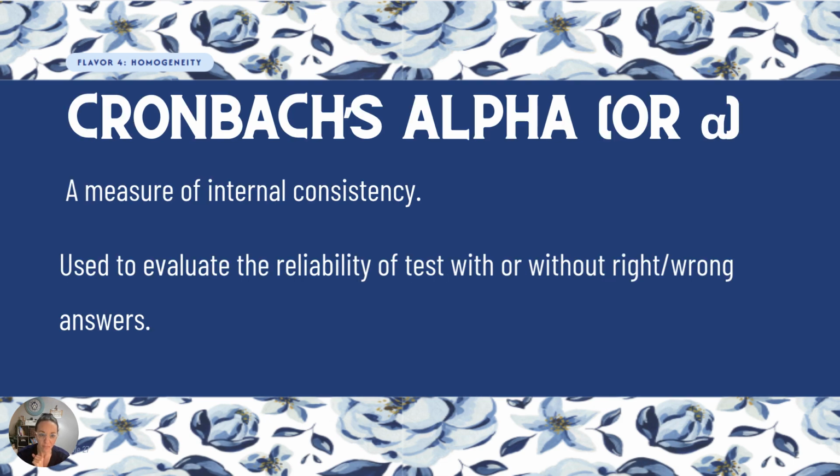Okay. All right. Don't let me lose you here. Cronbach's alpha, or that should be the alpha symbol there, is all it's doing is measuring the internal consistency of this assessment.